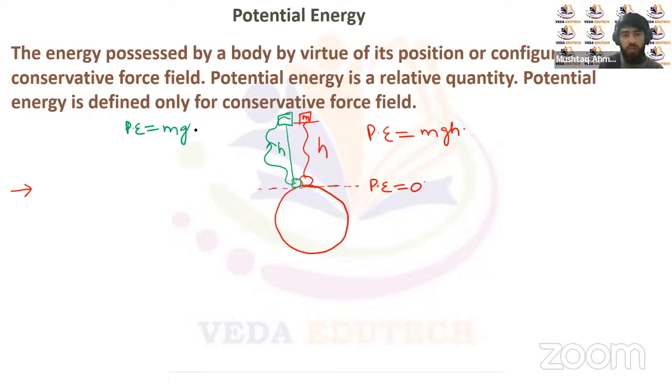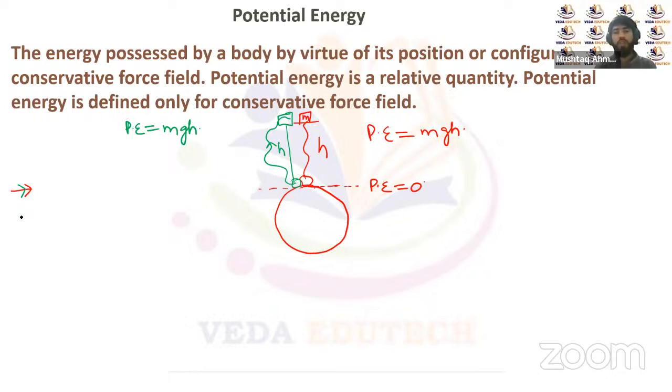So it will not depend upon the path followed. It will only depend upon the initial and final position of this body, or we can say the height of this body from the surface of the earth. This once again shows that it's a conservative force, and its potential energy will not depend upon the path followed. It will only depend upon the initial and final configuration of the body.